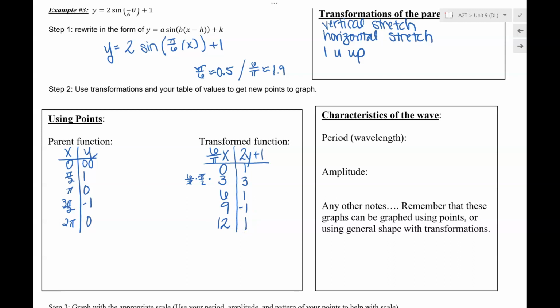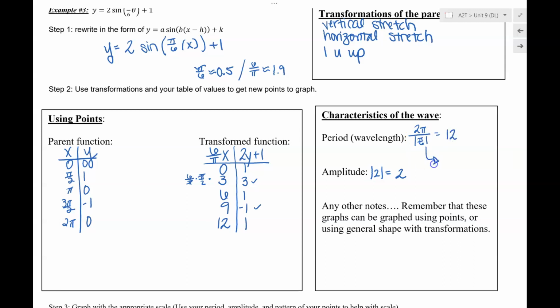All right, the amplitude is the absolute value of a, which is 2. Again, max and min are 4 units apart, 4 tick marks apart, half of that is 2. The period is 2 pi divided by the absolute value of b, which is going to work out to be 12.